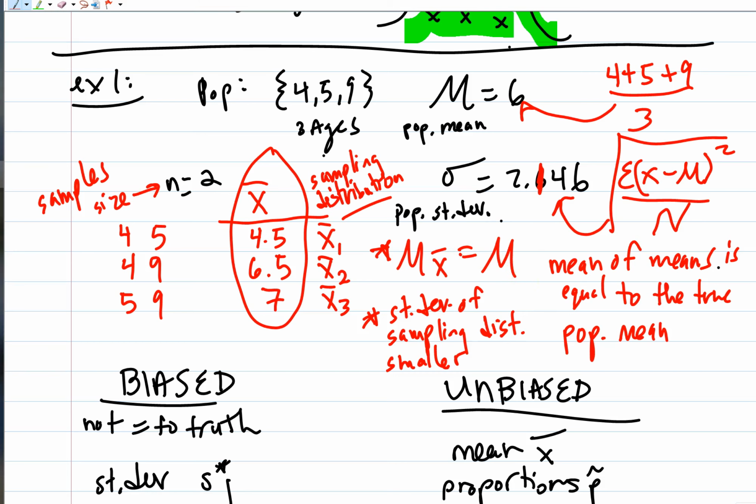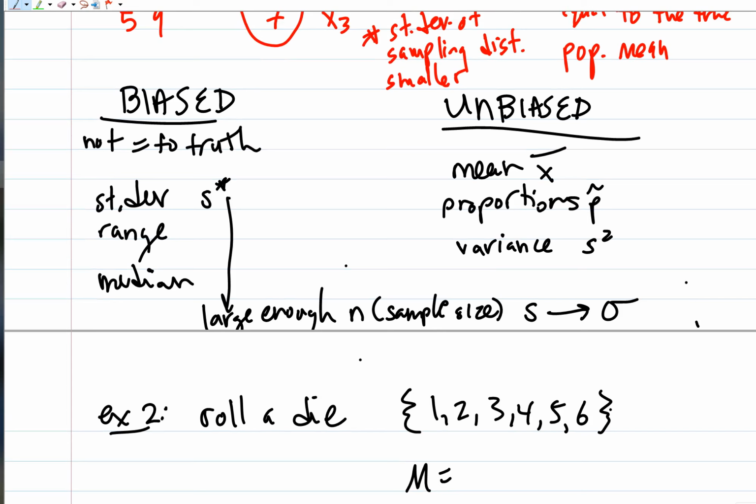So the homework's going to have you do a lot of practice where you're going to be finding standard deviations, and you're going to be comparing the standard deviations to the true standard deviation. They will not equal the true standard deviation. So we call those biased estimators. The standard deviation is biased. Ranges are biased. If I find the range of a sampling distribution, it doesn't equal the truth.